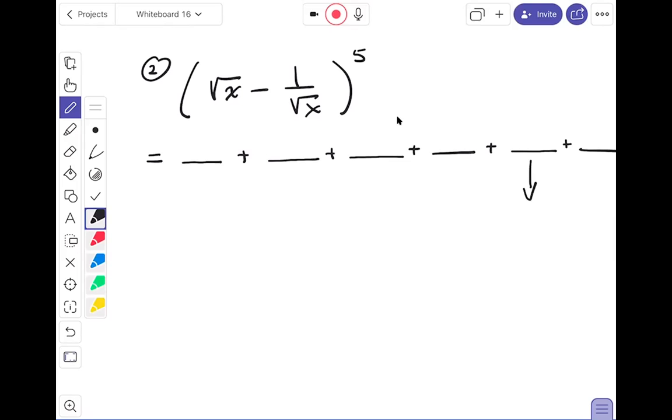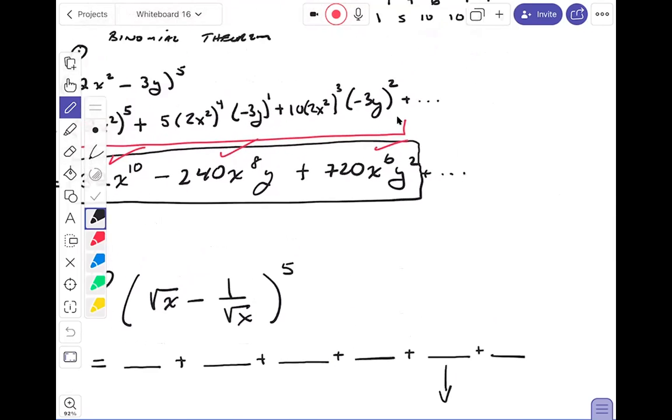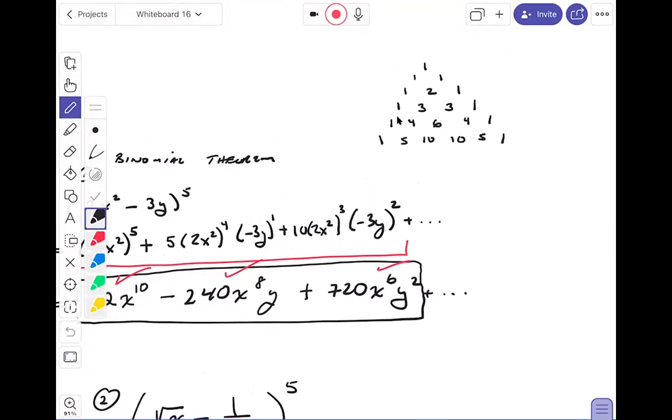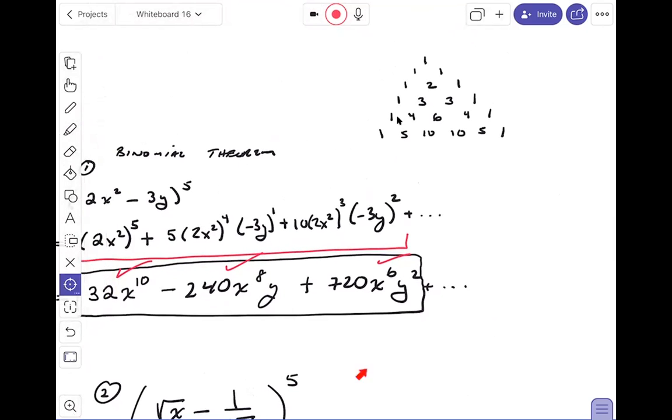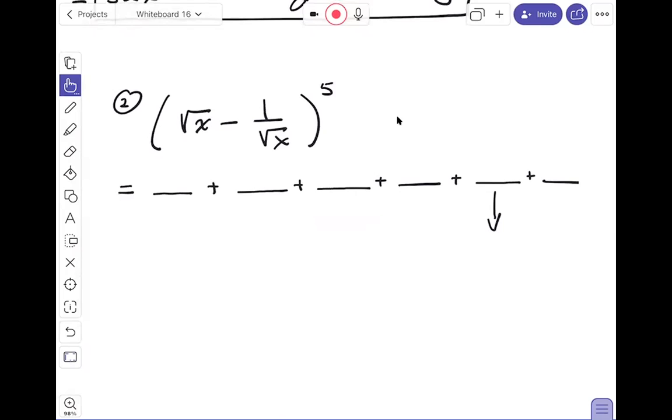Let me go back to that. Over here, I'm going to point out it's this row here. 1, 2, 3, 4. Well, I'm sorry, it's the 4th term. I misread. The coefficient is going to be 10. Sorry about that. I misspoke.